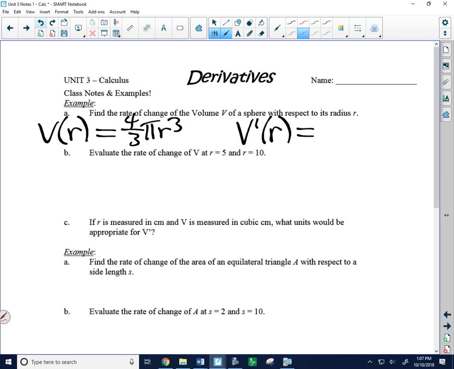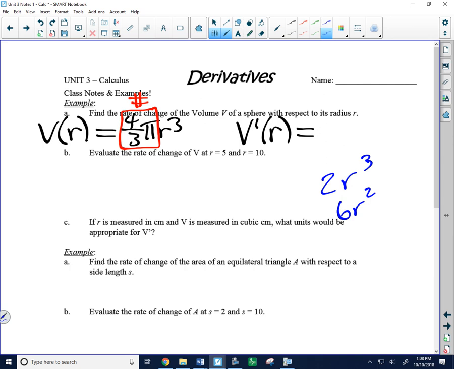Okay, now here's something, guys. This is just a number. All of that is a number. So don't think you have to do product rule or anything here. 4/3 is a number. Pi is a number. Those are all just values in front of your r cubed. So you treat it as if it was just like 2r cubed, right? You just bring down the 3, and it's 6r squared.